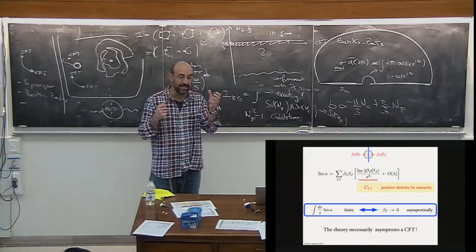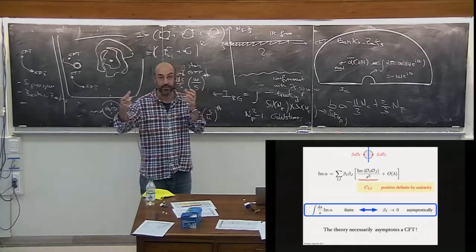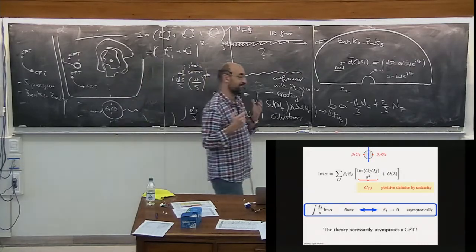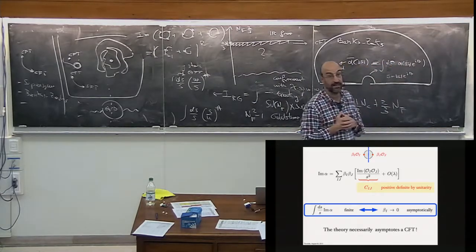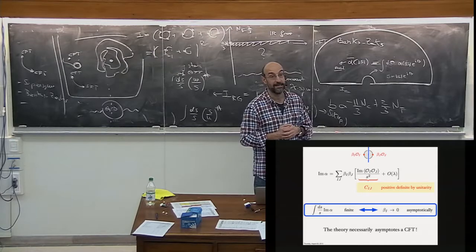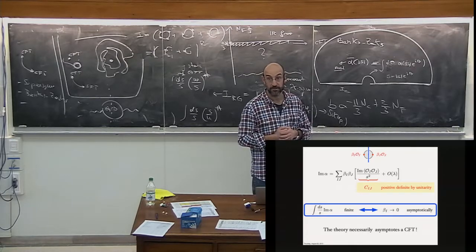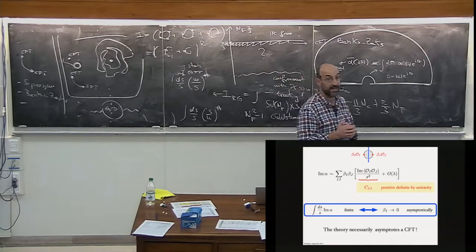There's a one loop beta which is accidentally of the order of a two loop beta. So you have some non-trivial interplay between different orders, and everything works out in such a way that at the end the theory flows to a conformal fixed point, and it was not guaranteed at the onset.